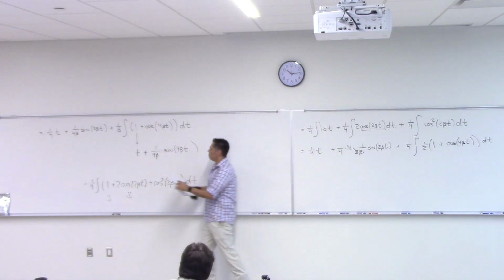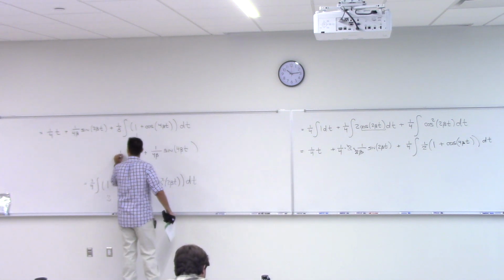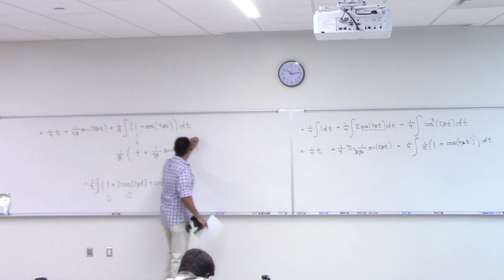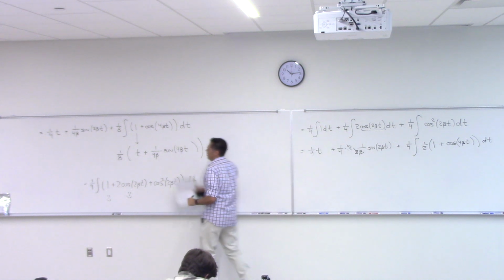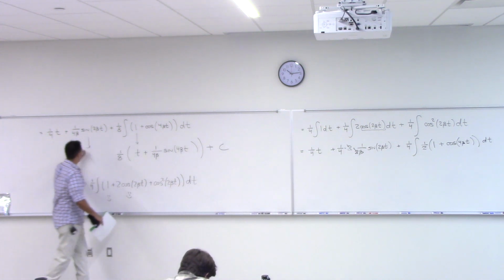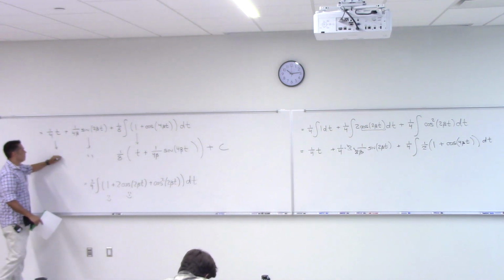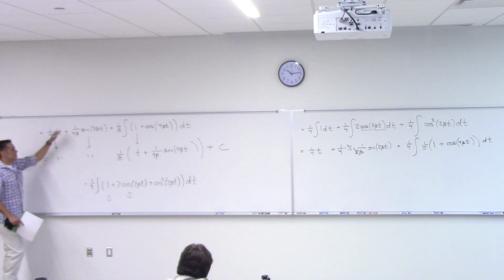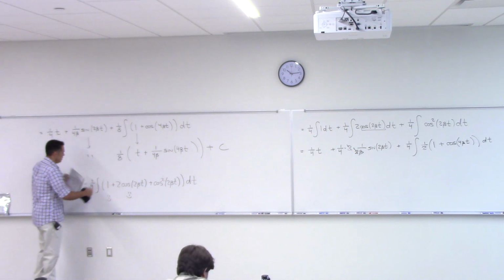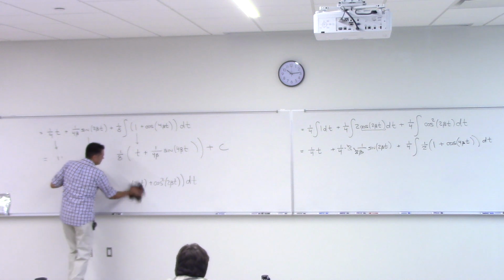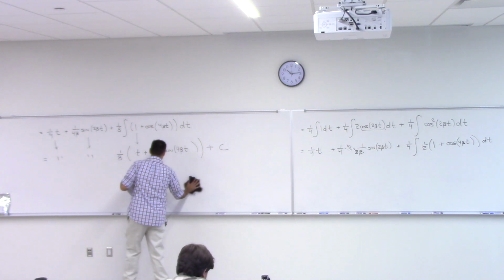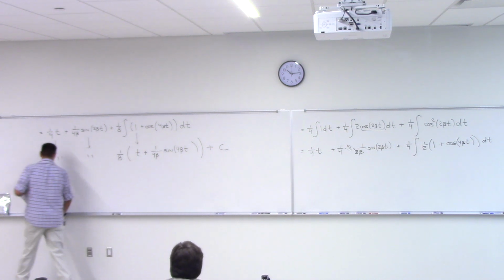And so we do have a 1/8 in front of all this, don't we? And then plus c. And then everything else comes down, right? So this, and then this. Okay, we're almost there. Got a little bit more to do here. Any questions on that?